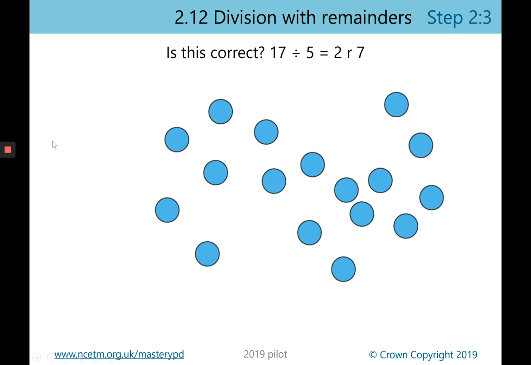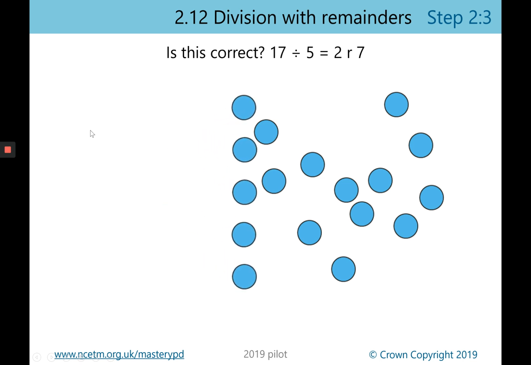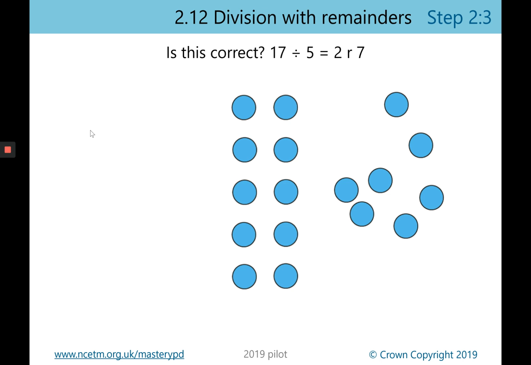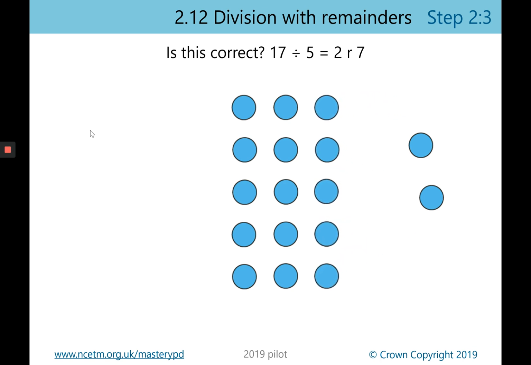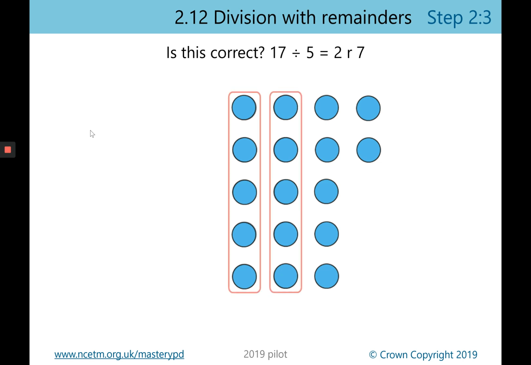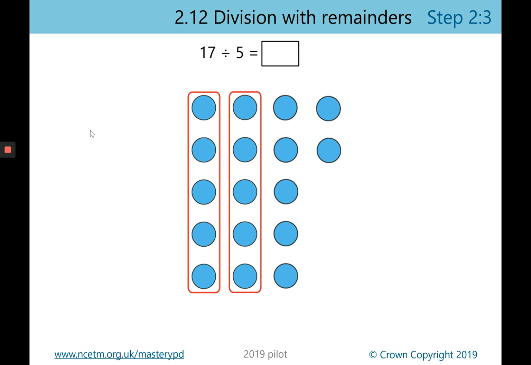So what I'm going to do now is show you. Is it correct? There's 1 group of 5, 2 groups of 5, 3 groups of 5, remainder. No, it's not 2 remainder 7.